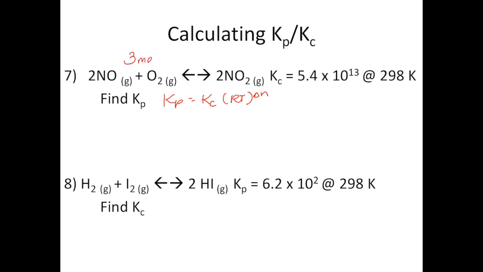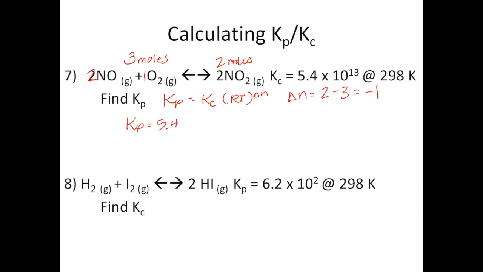My reactants have 3 moles, because I have 1 plus 2. My products have 2 moles. So if I'm going to do delta N, products minus reactants, 2 minus 3 equals -1. That's my delta N.